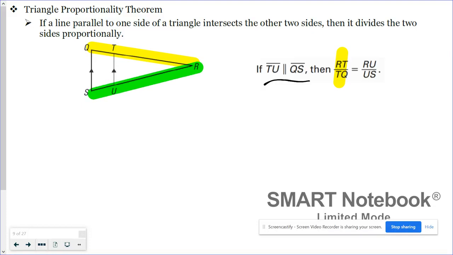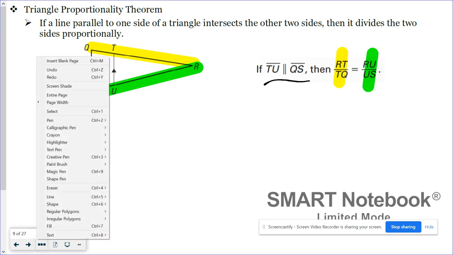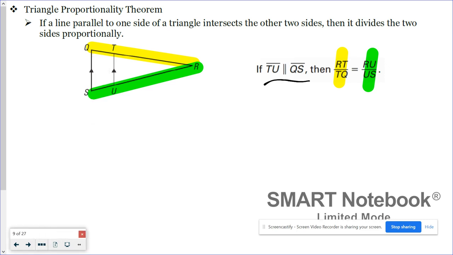You've got SU and you have UR, and those two segments form the other ratio. Also notice the corresponding relationship, RT and RU are both occupying corresponding positions of the triangle. Same with QT and SU.